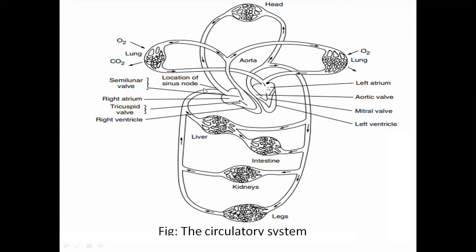Okay, so the sinus node's function is to produce electrical pulses, and due to those electrical pulses the heart contracts and releases. Okay, so the origin of these electrical pulses is called the sinus node, and it is also called the pacemaker.